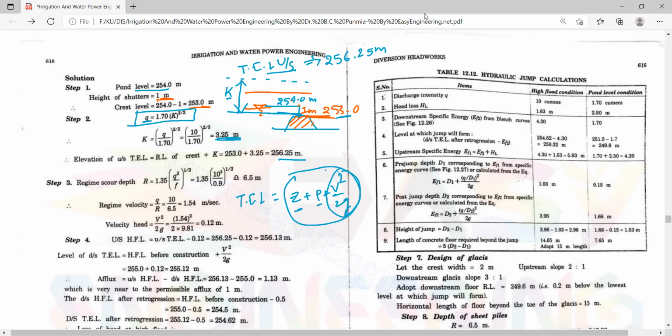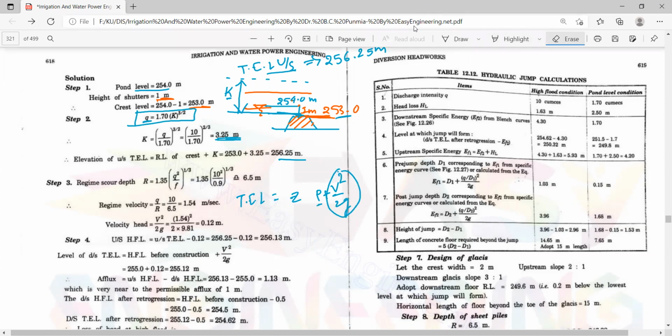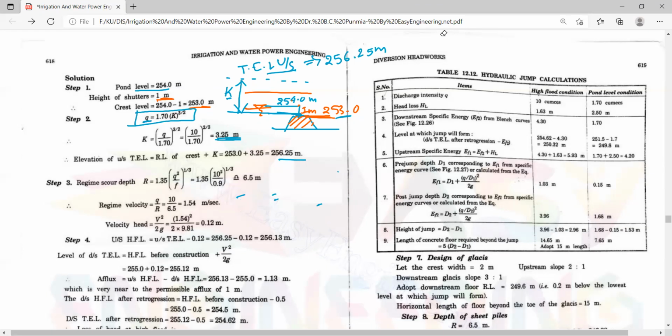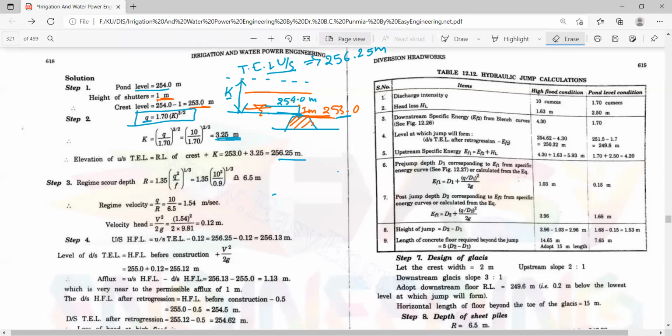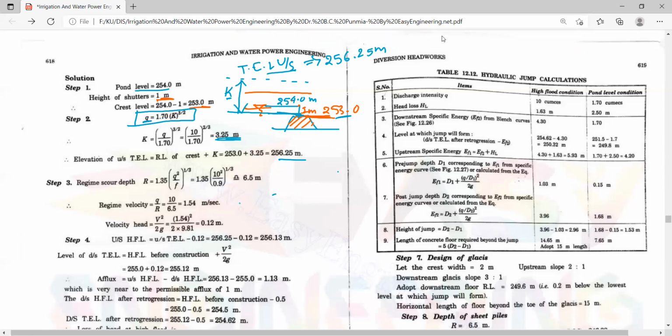So for the velocity head, we need to identify the velocity, calculate v square by 2g, and deduct it from the upstream side total energy line, and we get the downstream side energy line. So to calculate velocity, the formula is velocity is equal to Q by R, that is, discharge per unit length divided by residual depth. Why do we actually need velocity?